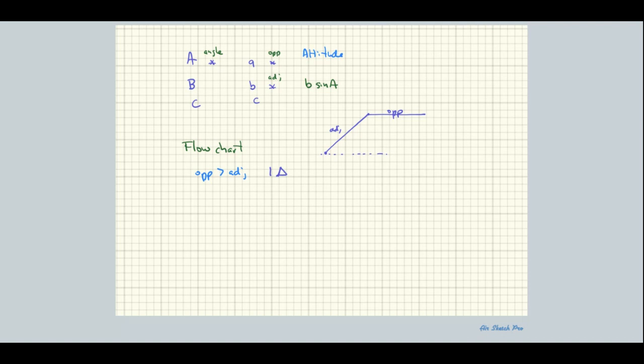The next thing to check is if the angle is obtuse. Because if this original angle theta, my angle A here I should say, was obtuse, we'd be looking over here for my adjacent. And then if the opposite's less, you're not going to get a triangle.